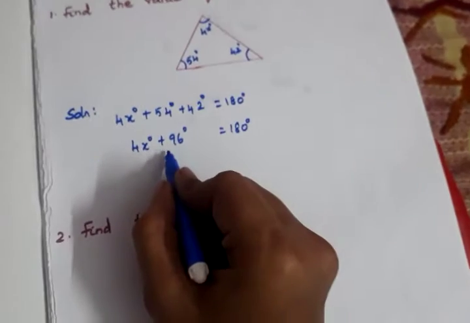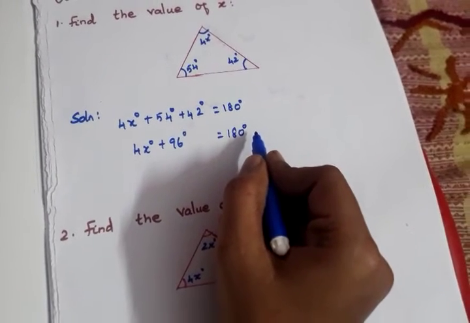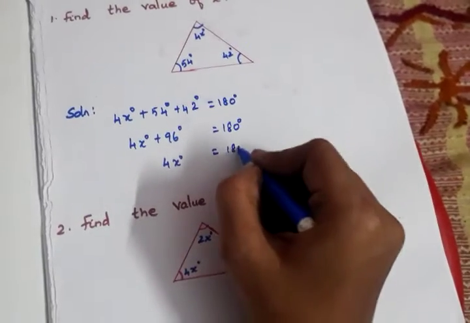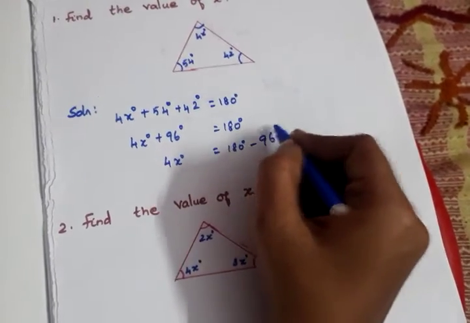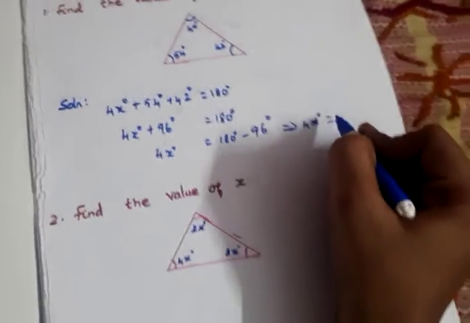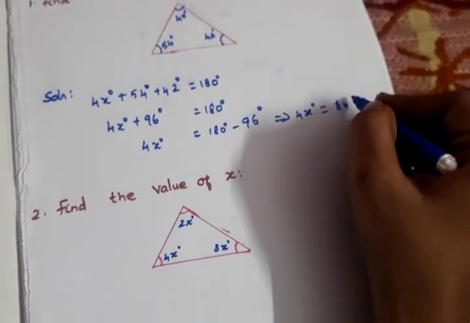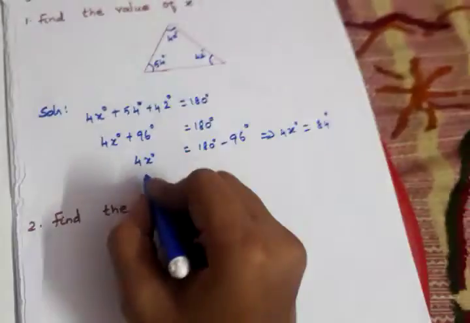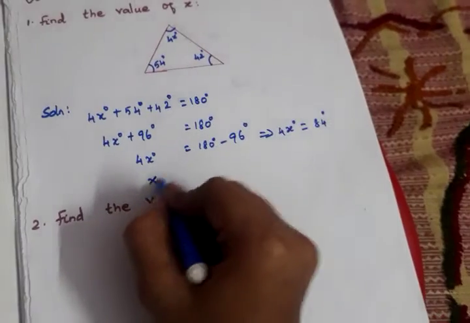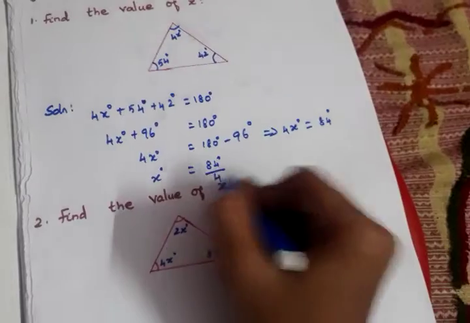Then next, plus 96 transposes to the right-hand side as minus 96. So 4x degrees equals 180 degrees minus 96 degrees. That implies 4x degrees equals 84 degrees. Multiplication transposes to division, so x degrees equals 84 degrees divided by 4.